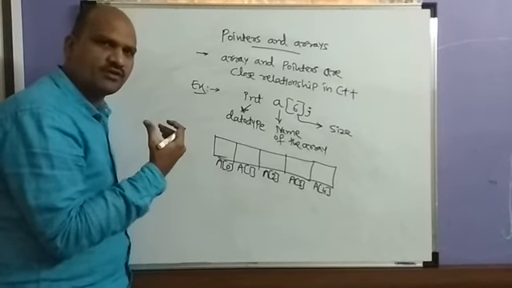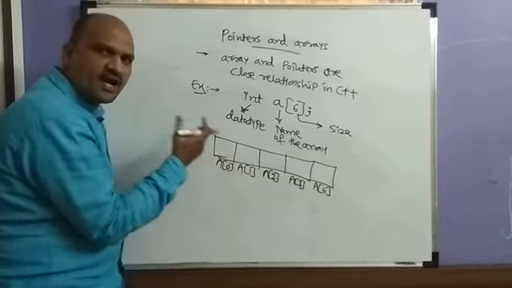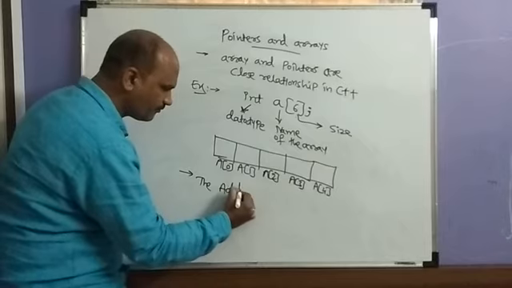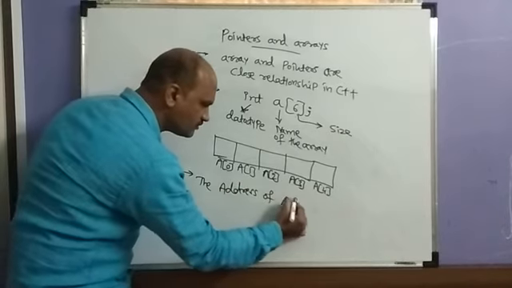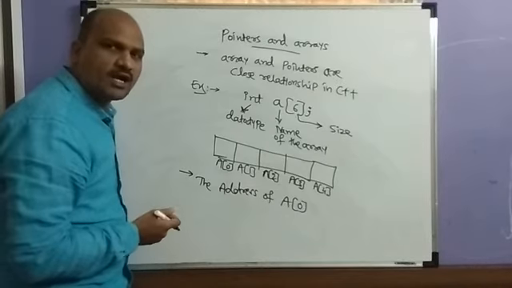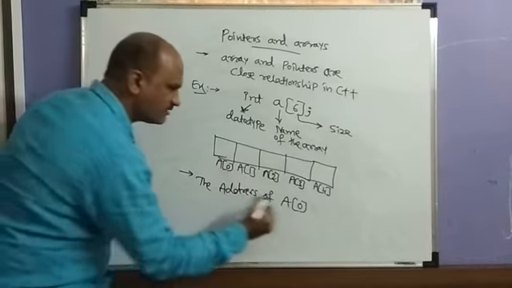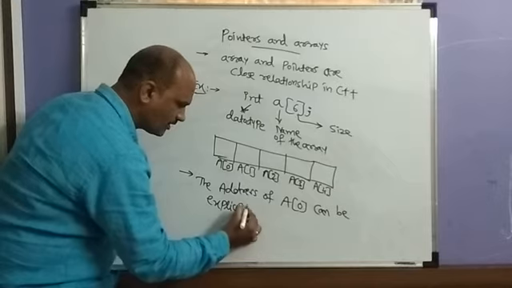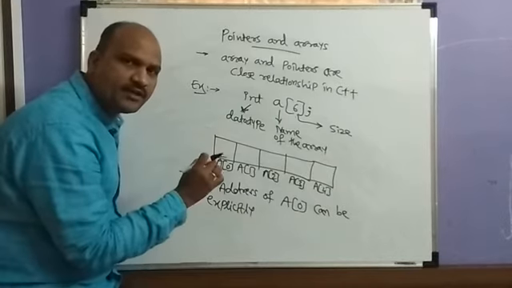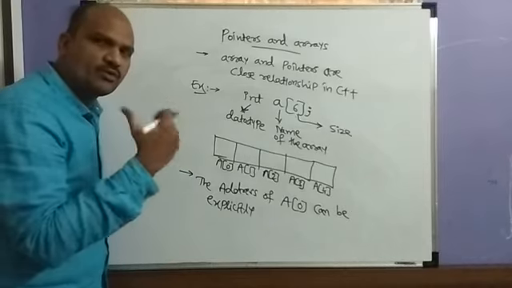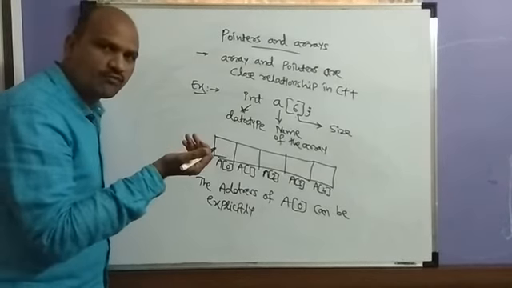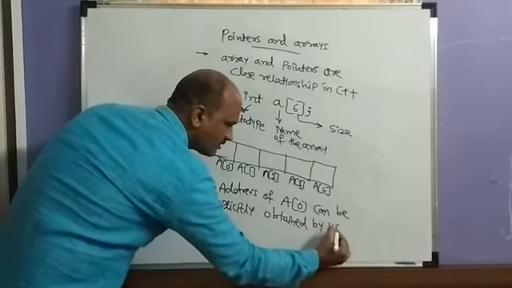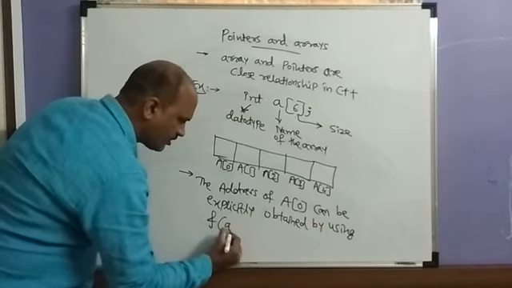In the pointer concept, if I want to know the address of a of 0, it can be explicitly obtained using, as we discussed, the ampersand, that is the address of operator.